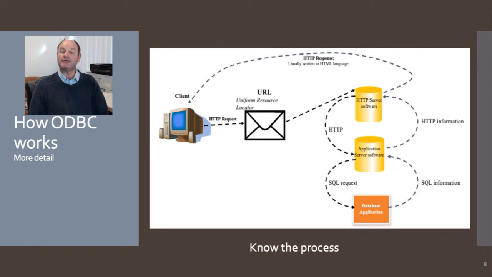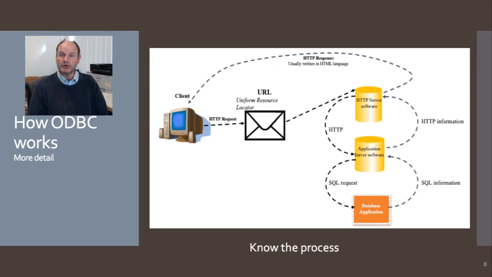This request is converted by the application software into an SQL request, which is a query language the database understands. Once the required information has been created by the database and sent back to the application software, this information is converted to HTTP and goes to the web server.